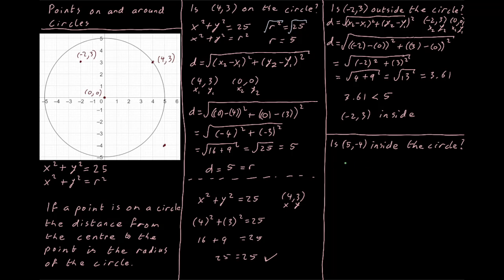But we're going to test it algebraically exactly the same way. So we know the radius of our circle is 5. So we are going to test whether the distance ends up being bigger than or less than our radius of 5. So we write down our formula as before.